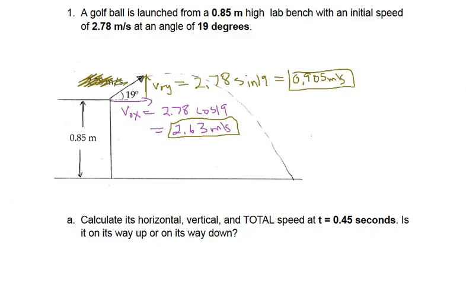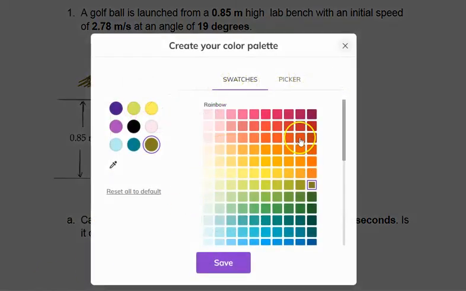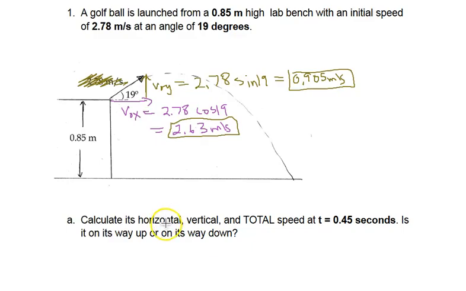And then question 1 says, find the horizontal, vertical, and total speed at a specific time. All right, so horizontal speed is a trick question. Horizontal speed is always 2.63. That's a constant. The vertical speed is changing. Vy is V naught Y minus 9.8 t.